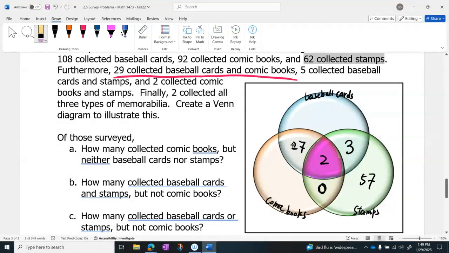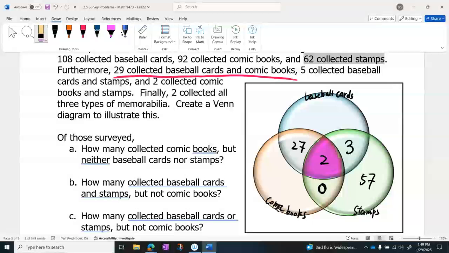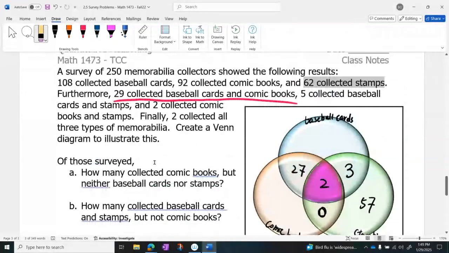And then those three regions, like an outer layer, as we go from the center outward, represent the collectors who only collect exactly one thing, right? 57 only collect stamps. All right, we have two more to go.